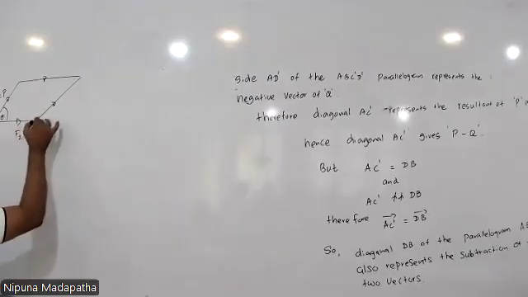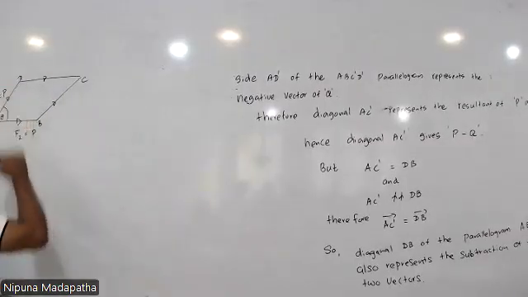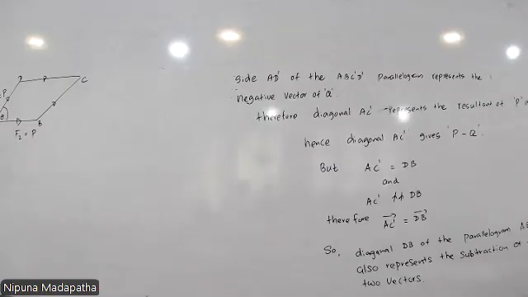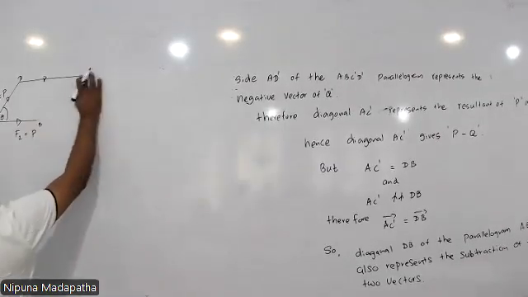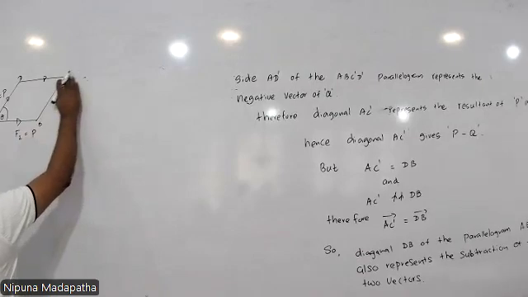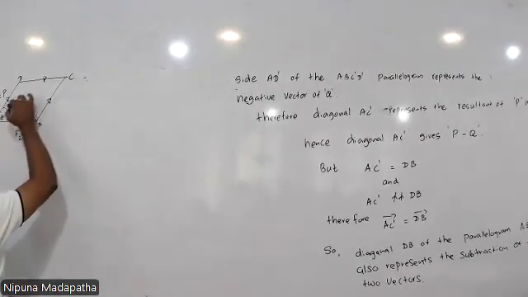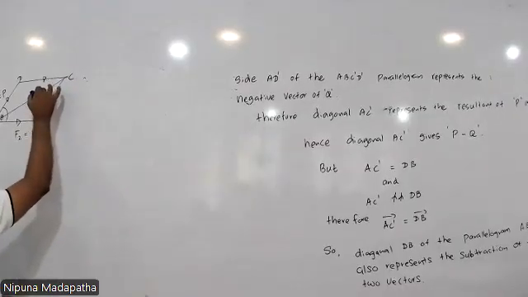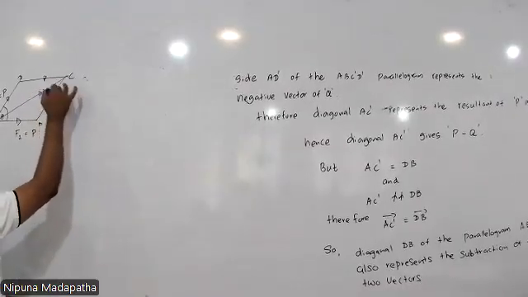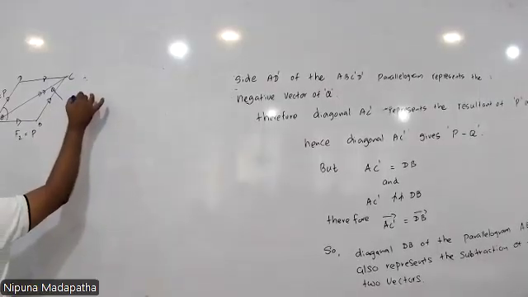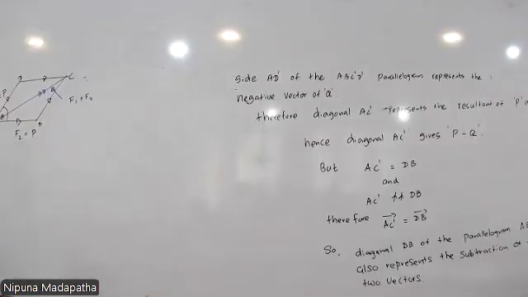Label it as ABCD. So how do you get f1 plus f2 from this parallelogram? Which diagonal? AC. The length of the AC diagonal is equal to the sum of the two vectors f1 plus f2.